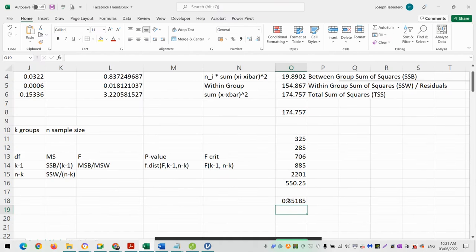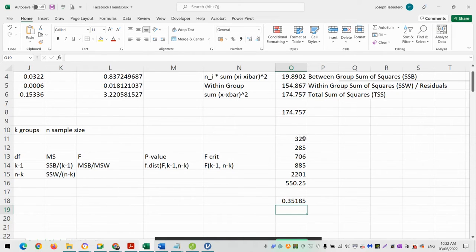So, we can do that with Excel. We can add yung 325, 285, 706 at saka 885 at magkakaroon tayo ng sum na 2,201. So, we expect na yung bilang ng mga passengers from the different economic classes should be 550.25 or around 550.